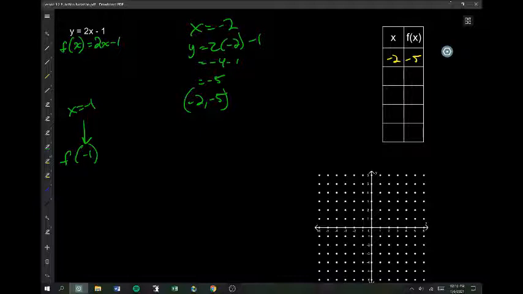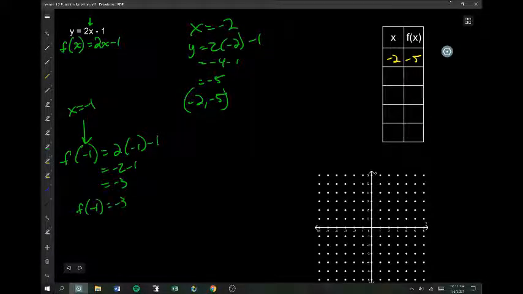If I have f of -1, I put a -1 in for this x right here. I can say f of -1 equals -3. And that's a point. The input is the x value, and the output is -3, the y value. Here's the point (-1, -3).